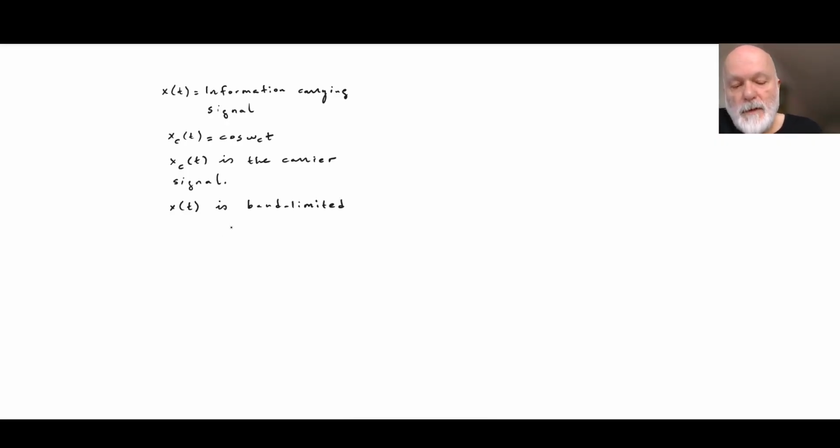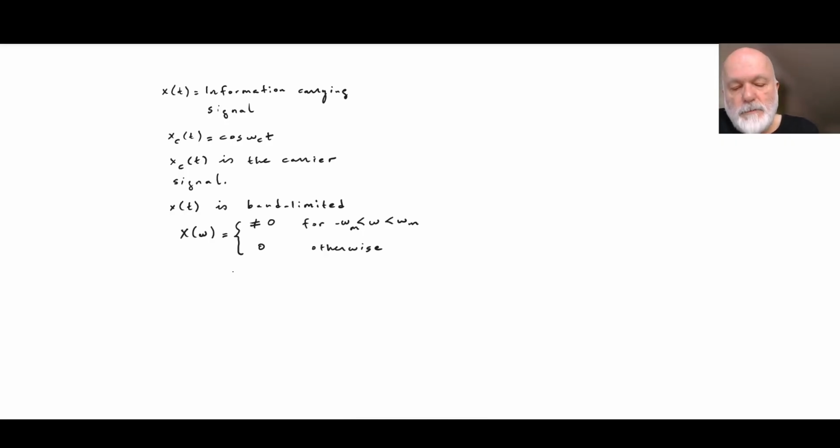So X of omega is non-zero for frequencies, for example, between minus omega m and omega m, and zero otherwise.